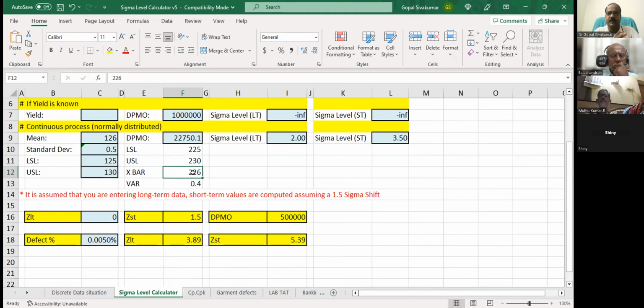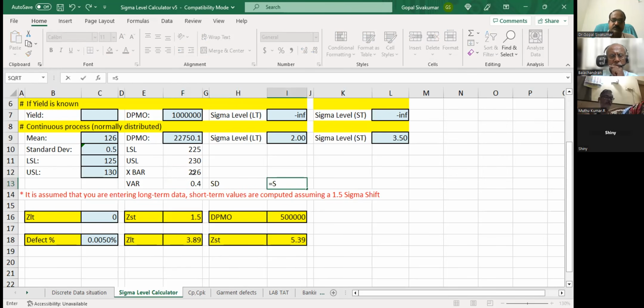Hope all of you are very clear right now. Without mean and standard deviation, you can't calculate your capability, as far as your data is continuous data, right? So how to convert the variance into standard deviation? Easy, right? Square root of the variance. Am I right? Yes, sir.